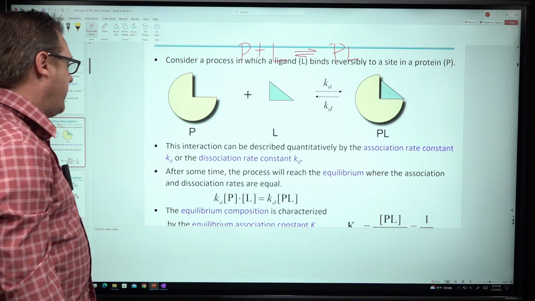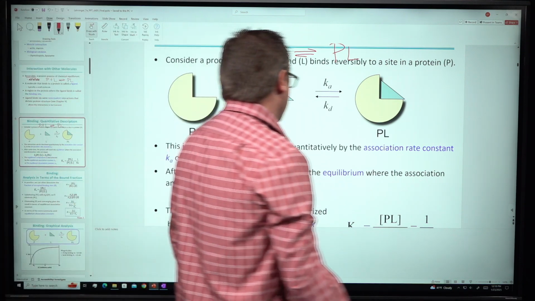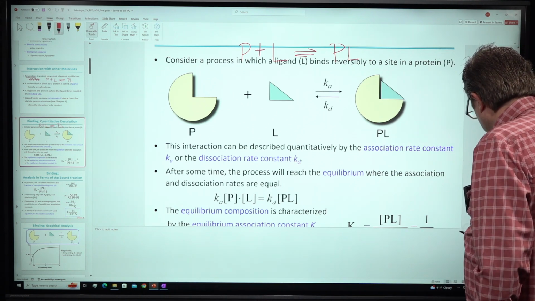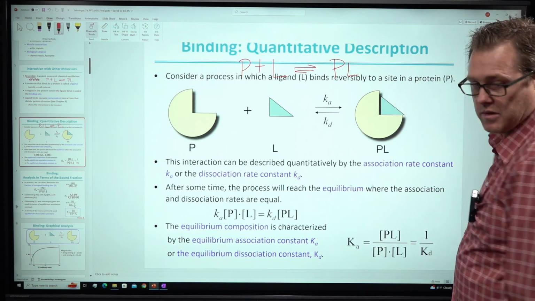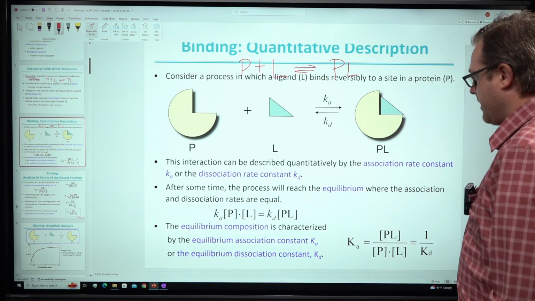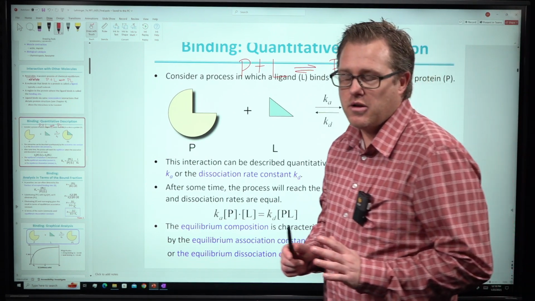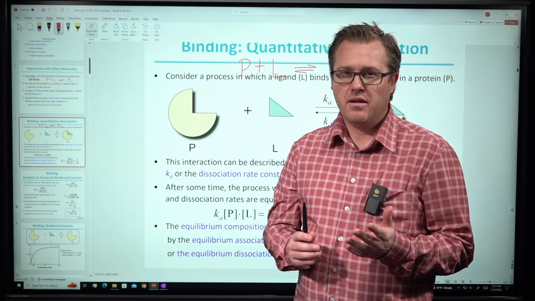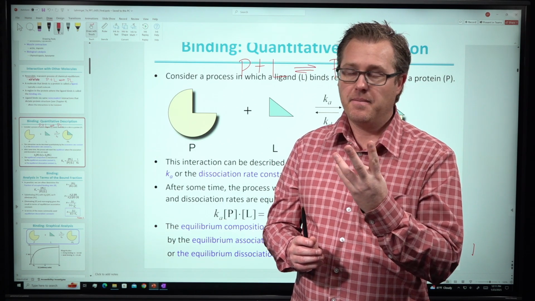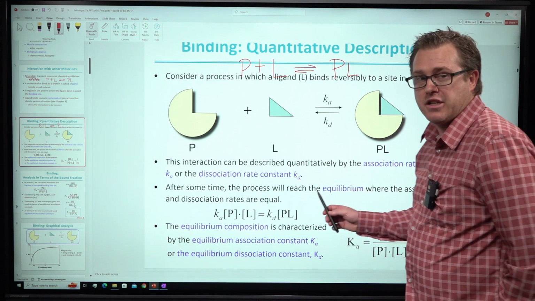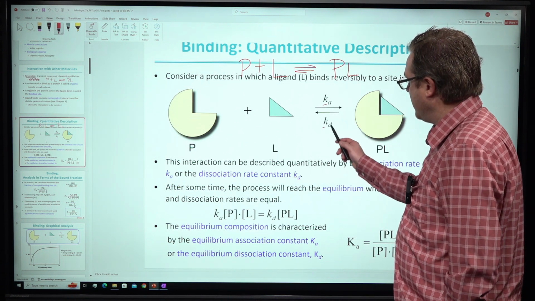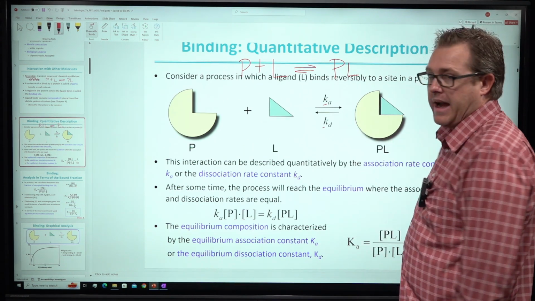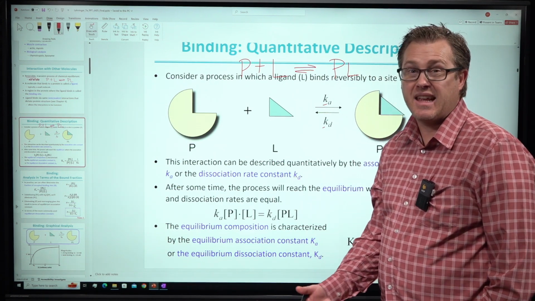We have to pay very close attention to these constants. There's going to be 4 of them with the letter K. But pay attention, this is a lowercase k right there. These are the rate constants associated with kinetics.